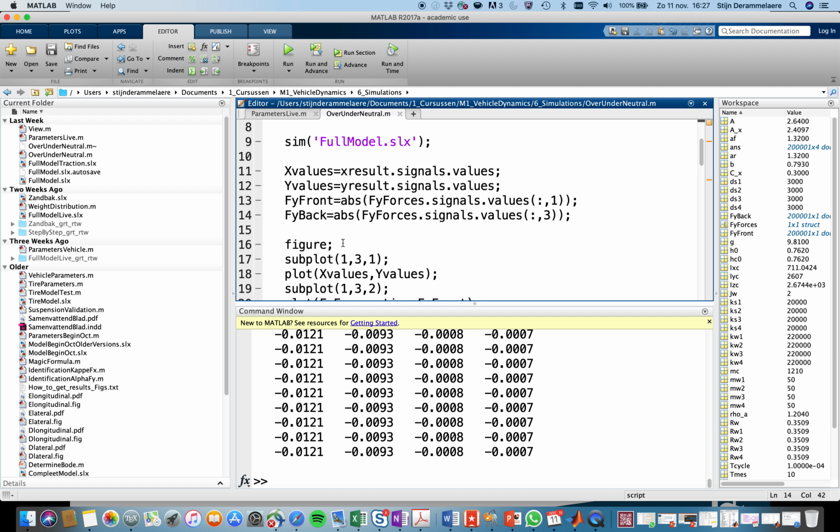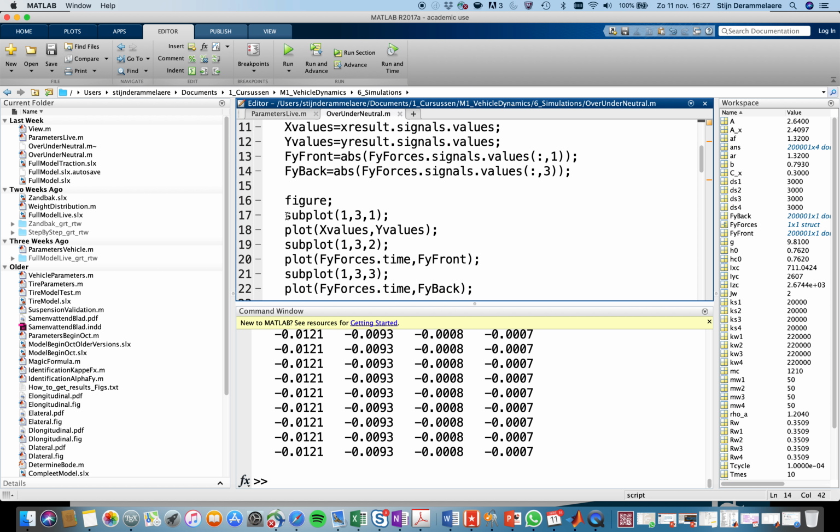We make a figure in which we will have 3 subplots. The command subplot, the first argument says the number of rows you want in your figure. We just want one row. We want to depict all our graphs in a horizontal way. We, however, want 3 columns because we will have 3 graphs.